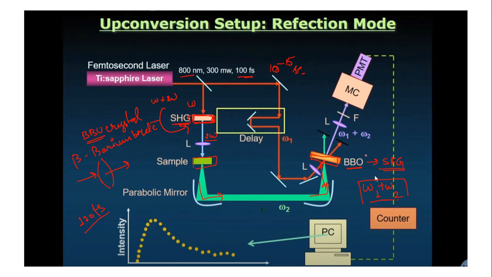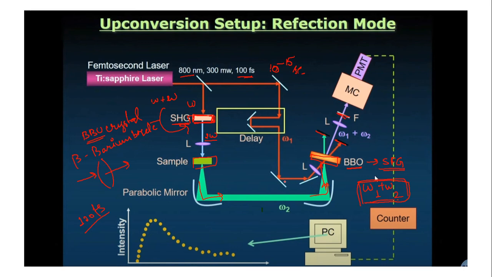But in this case, omega 1 which comes from here and omega 2 which comes from here are merged to form this. This omega 1 plus omega 2 then passes through a system of slit, and then through a converging lens. From there it goes to a filter.